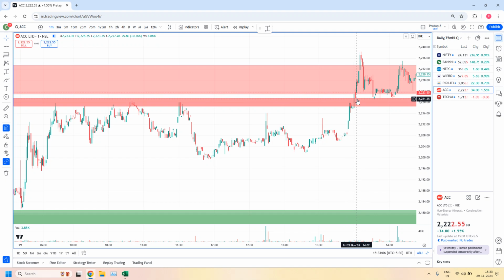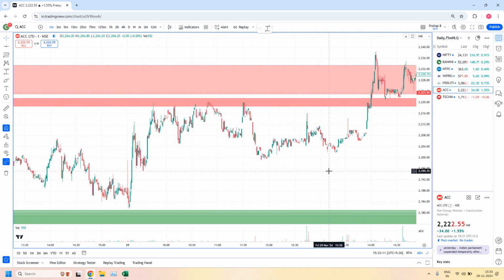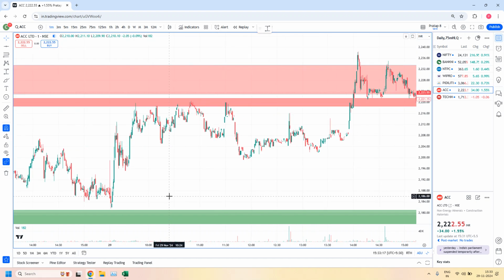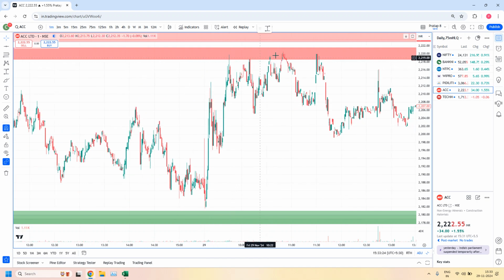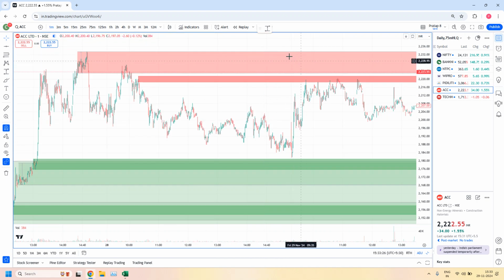Until it is violated, you may not know. Maybe from here it might have come down again. And moreover, it is an intraday trade. I am sure definitely at the third test or fourth test you might have booked your profit, because it is not letting the prices get into this 15 minutes target zone.